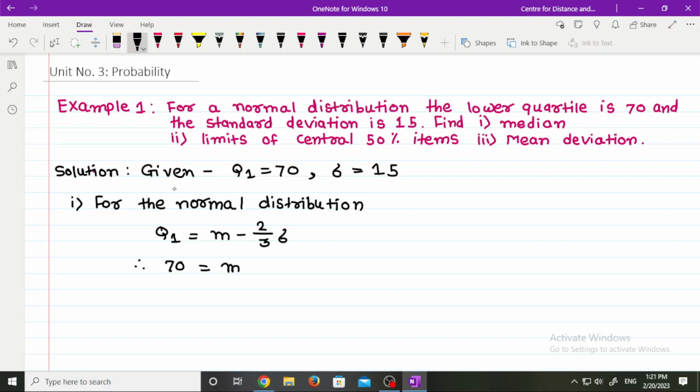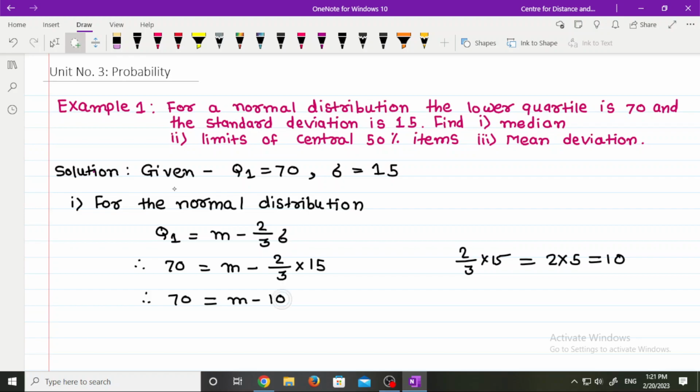So we write m minus 2 by 3 into sigma, that is 15. Then 2 by 3 into 15 becomes 3 fives are 15, so here we get only 2 into 5, which is equal to 10. So we get 70 is equal to m minus 10.